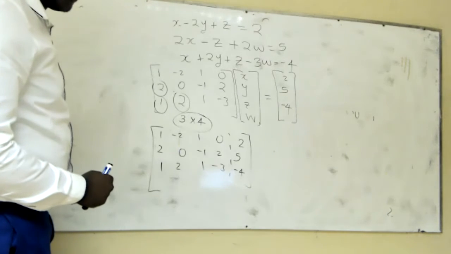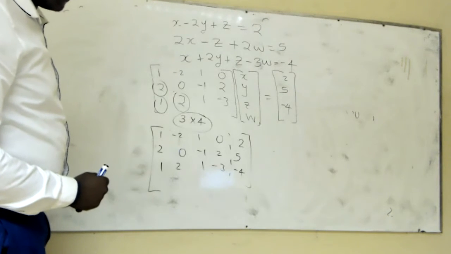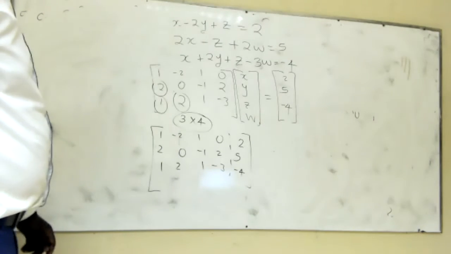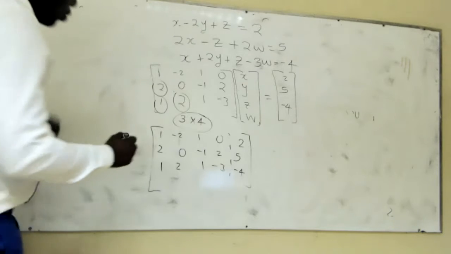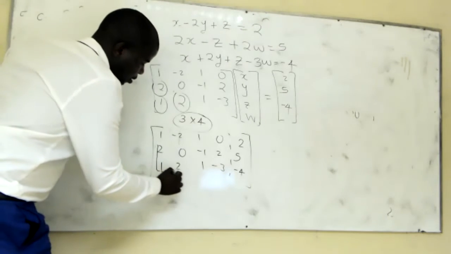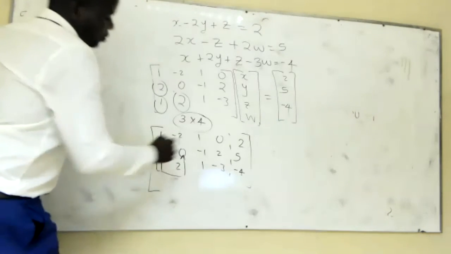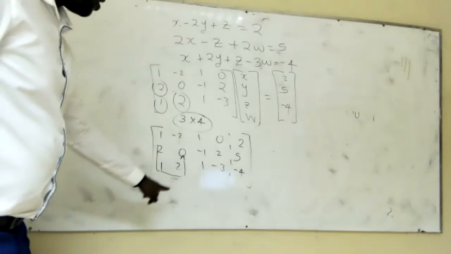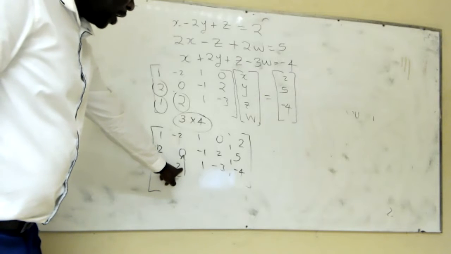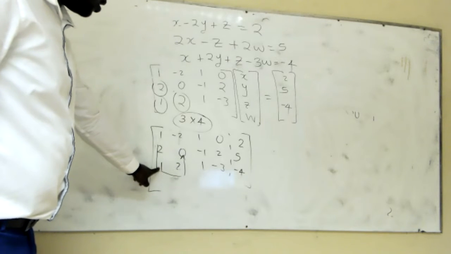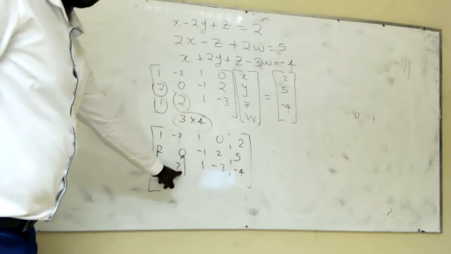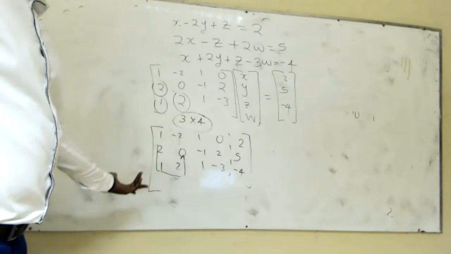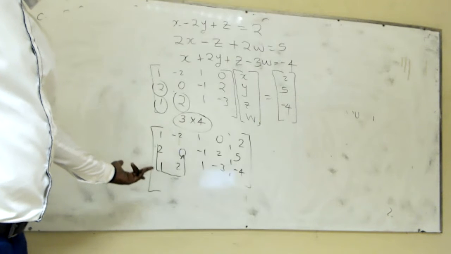Is that the rule? We must start with finding the zero on the two, followed by the one, and then that other two. Yes, it's the rule. Otherwise, if you do it the other way around, you will be able to get a 0 here, but when you go to get the 0 there, the 0 you obtained previously will become another number, as if you did not do anything.